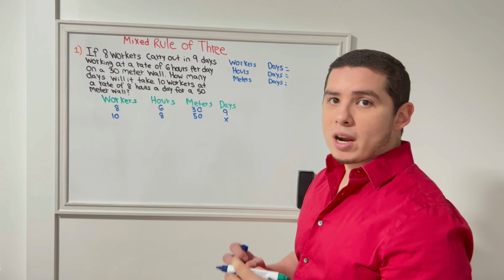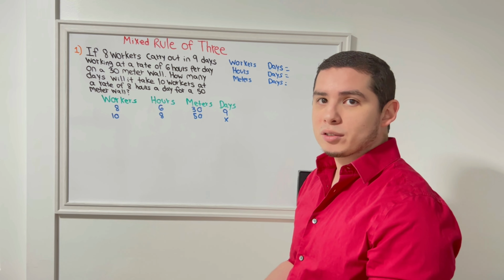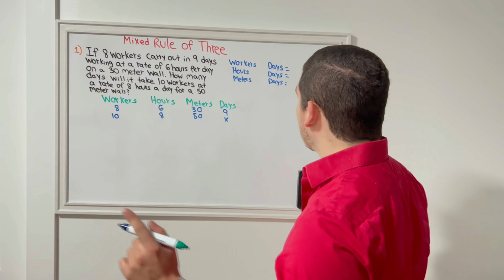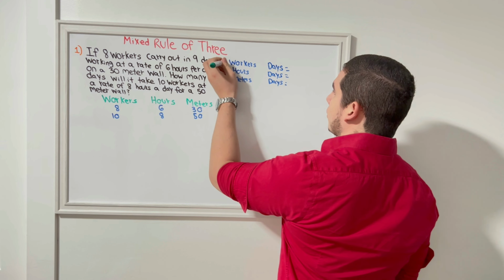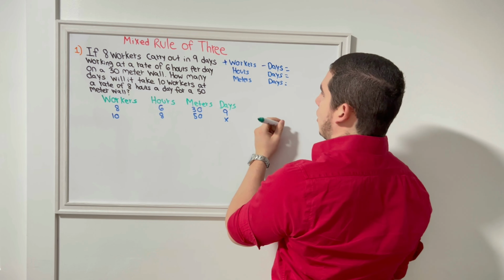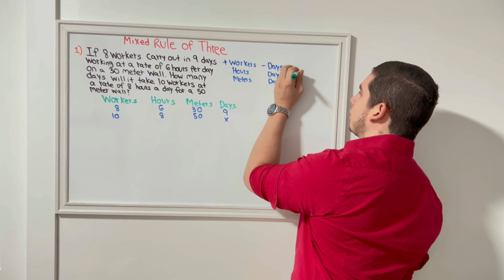Now we have to write if they are a direct rule of three or an inverse rule of three. That is why we needed to cover the past videos. When we have more workers, it takes less time, less days to finish the task. Therefore, this is inverse.